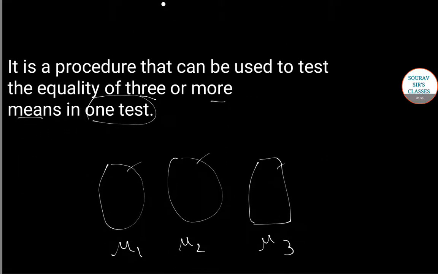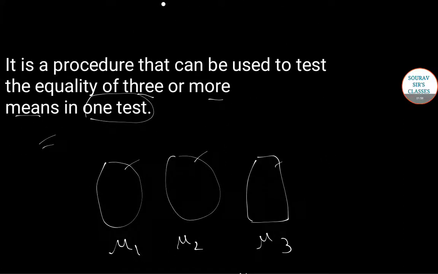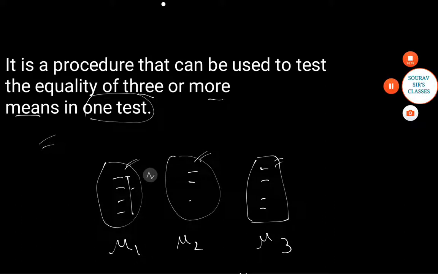For example, in our professor example, the variability between the scores of students can be classified into two parts. The first part is a variability due to different teaching methods, and the second is a variability between the scores of two students taught under a particular method.